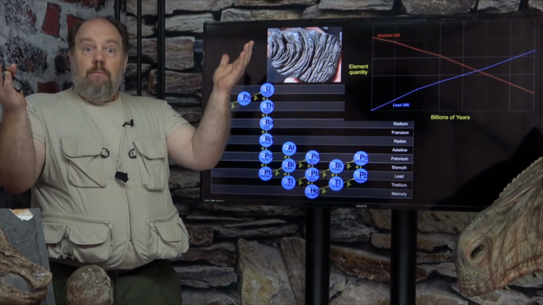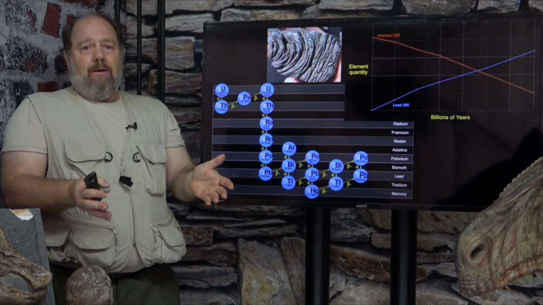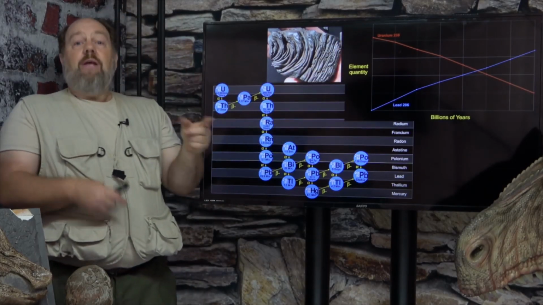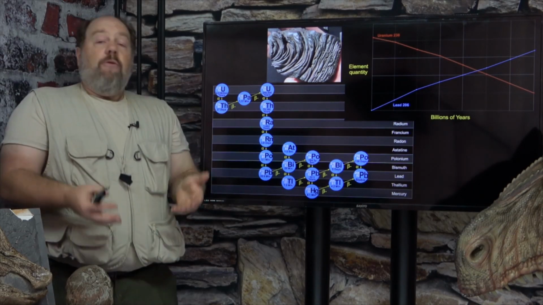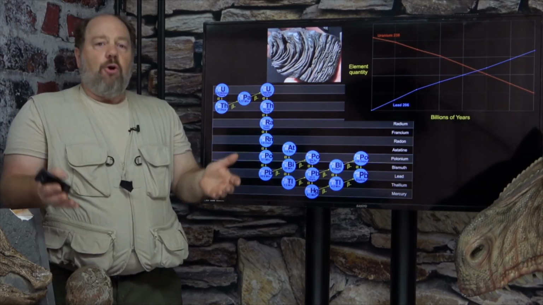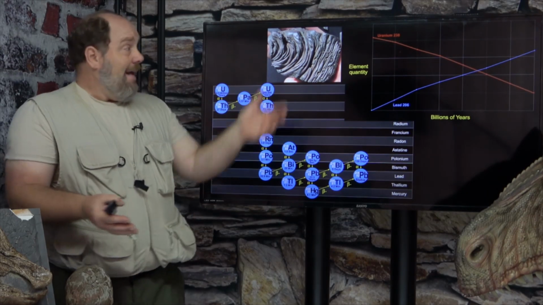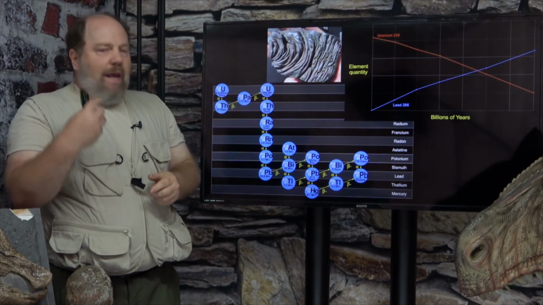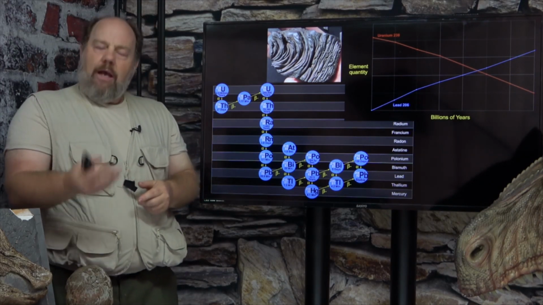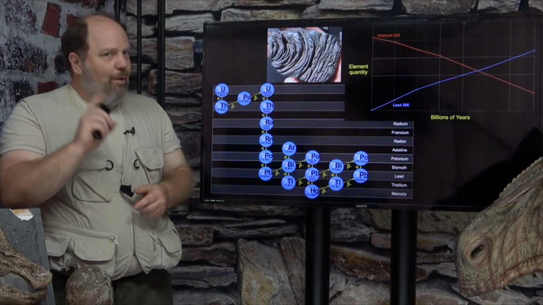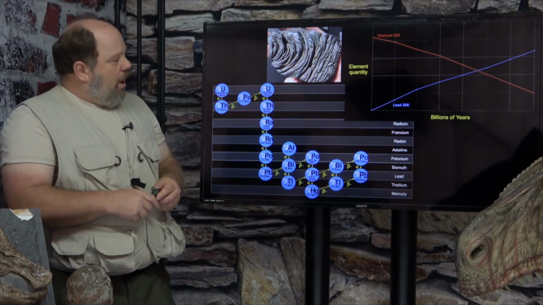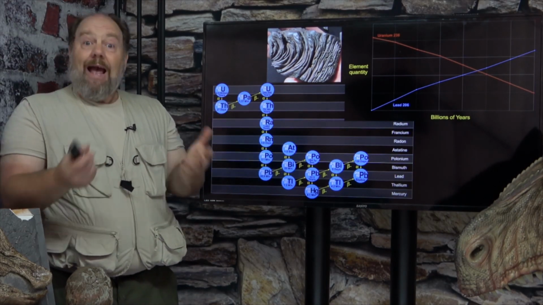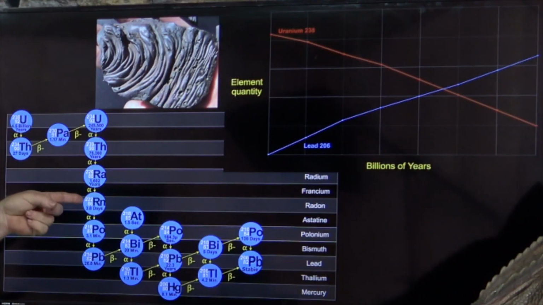None. You have no idea what the original mixture of elements in the rock sample was. Therefore, you cannot measure how much radioactivity has gone on in the sample, and therefore you cannot ascertain an age of the rock. But it gets better. Some of the elements in the decay chains are gases, like radon.